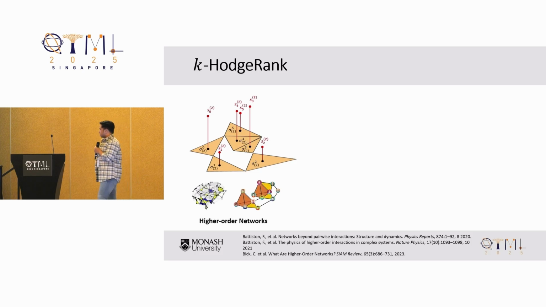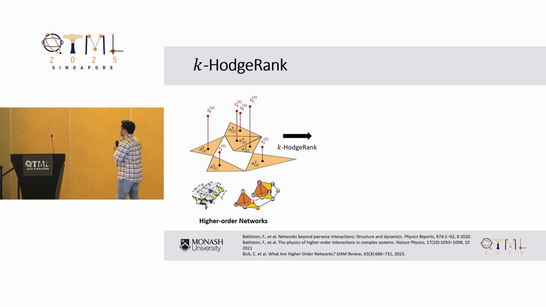This type of network is called higher order network, and it has been studied extensively in the last 5 years in the computer science community, network science community. And this has been useful for analyzing complex systems that have interaction beyond pairwise. For example, in brain or in collaboration network, and in many types of networks.